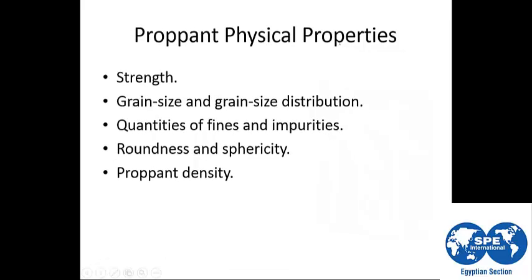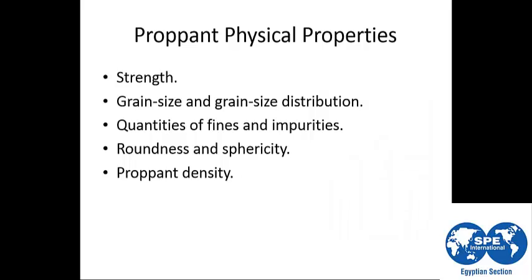Okay. The proppant physical properties are strength, grain size, and grain size distribution. If we say 20 by 40 proppant, 20-40 proppant, what does this mean? We measure the size of the proppant by mesh.